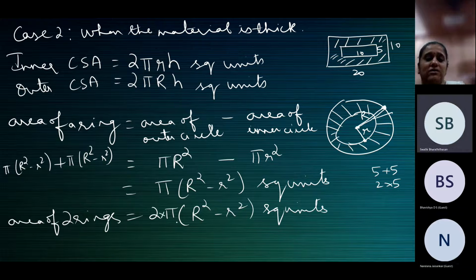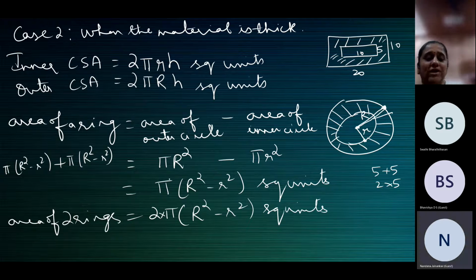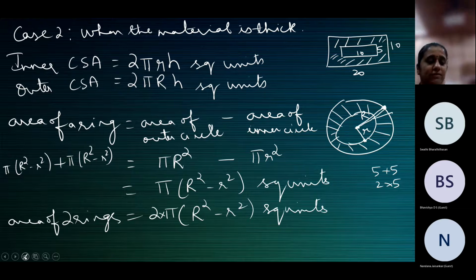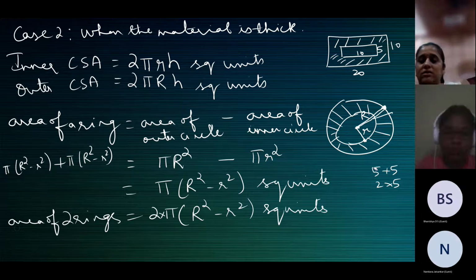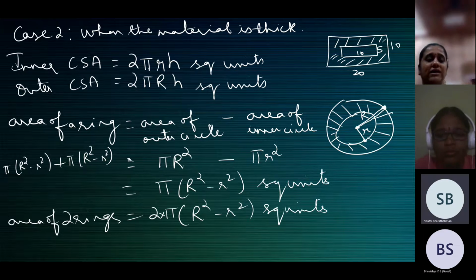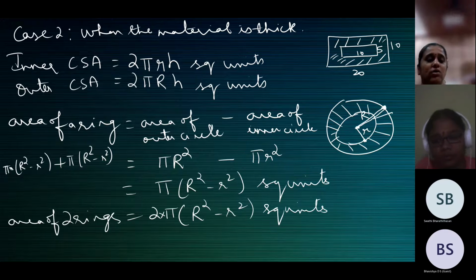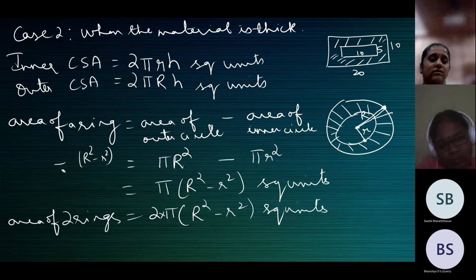It is doubling that answer. Whatever is for one ring, multiply by 2, you'll get for two rings. Is it clear? I can tell you again. Understood, ma'am.